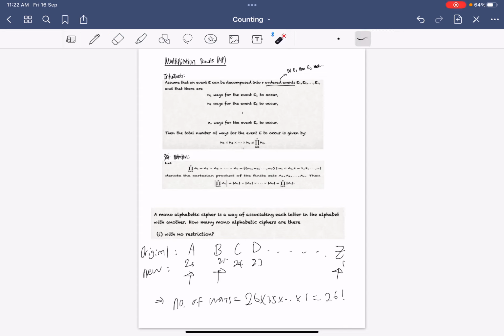And so the number of ways of these rearrangements is 26 factorial. The reason for that is in our first slot, we can have 26 choices. Our second, we have 25, and all the way to the last slot, we have 1. And so the total number of ways is 26 times 25 all the way to times 1, and that is defined to be 26 factorial.